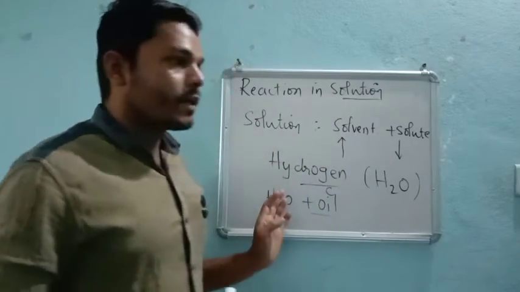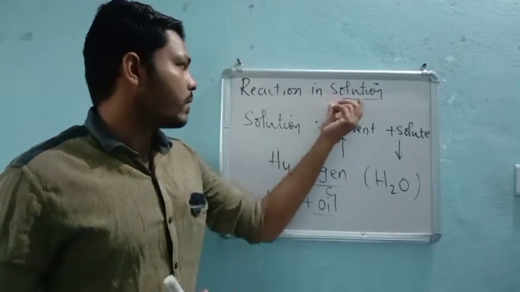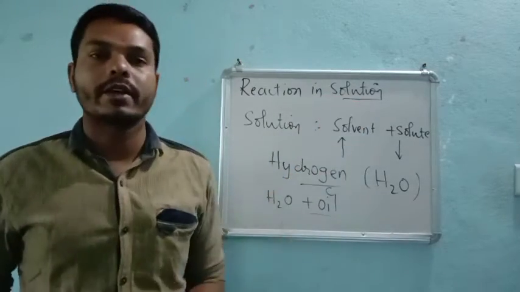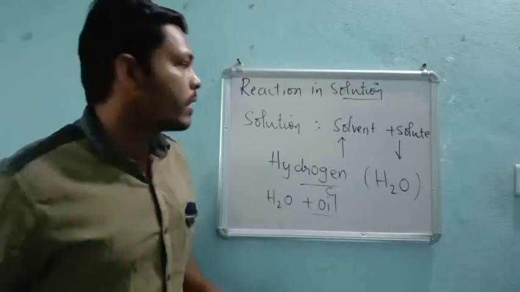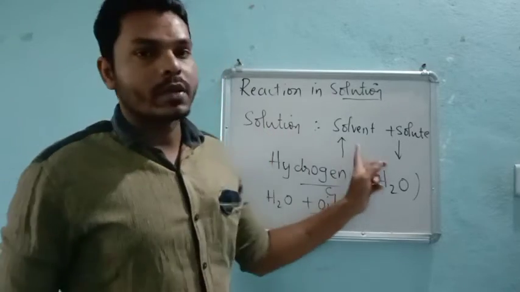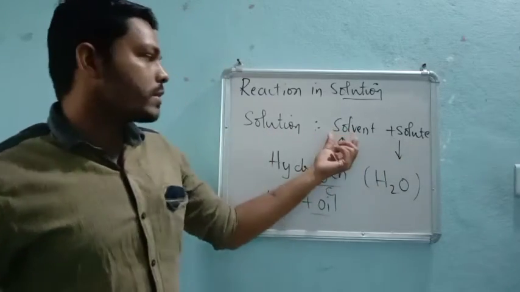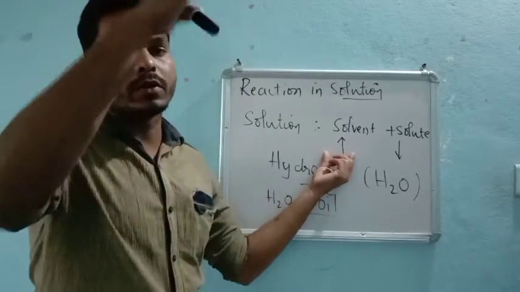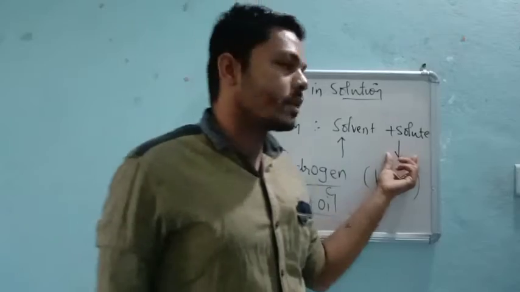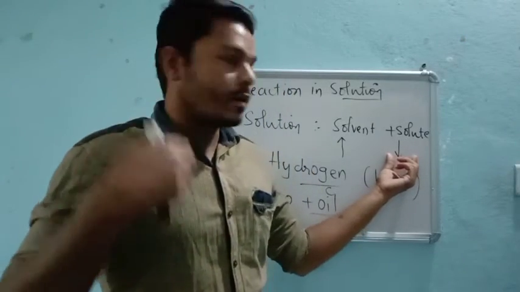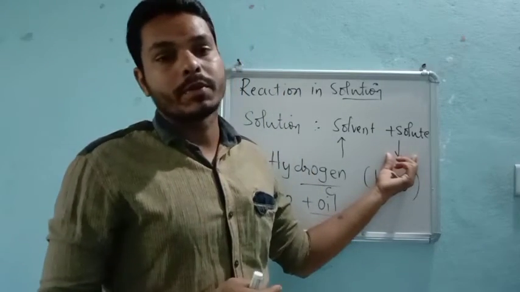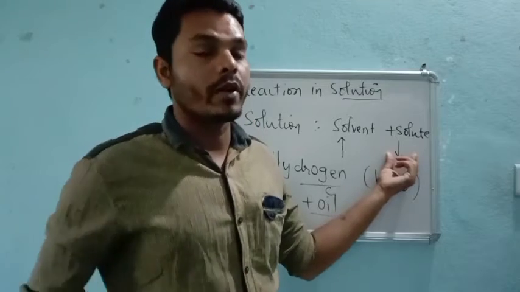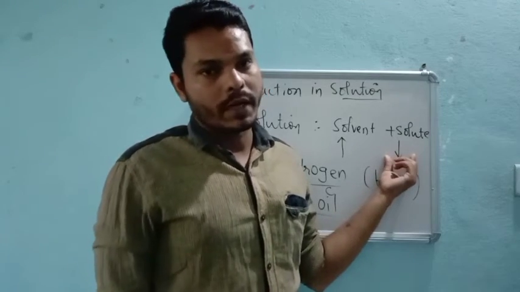So likewise, 90% of our chemical reactions are in solution, so solution is nothing but solvent plus solute. Solvent is a substance present in a solution with more concentration, and solute is a substance which is present in less quantity in our solution.